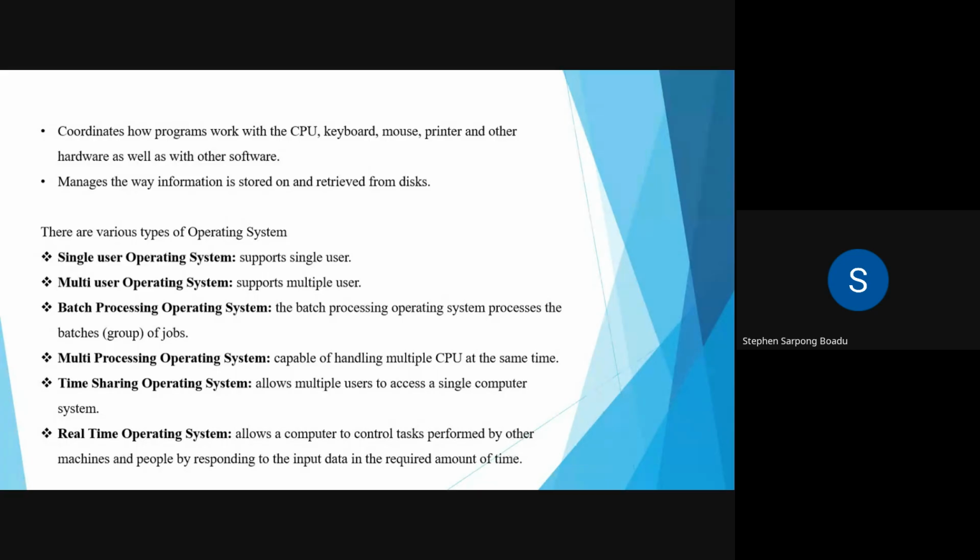And then you have the batch processing operating system. The batch processing operating system processes batches of jobs. In this operating system, jobs are collected in batches.